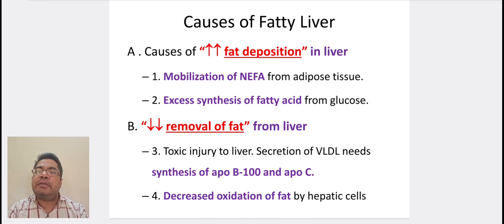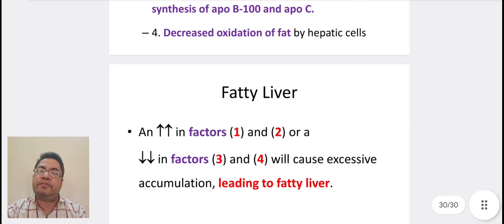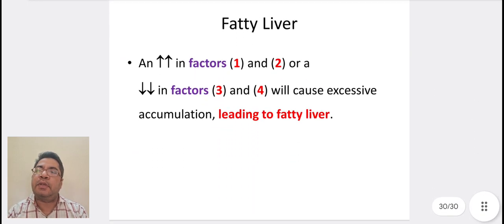On the other hand, there is decreased removal of fat from the liver due to toxic injury to the liver, that is, secretion of VLDL needs synthesis of ApoB100 and ApoC, and decreased oxidation of fat by hepatic cells. An increase in factors 1 and 2 or a decrease in factors 3 and 4 will lead to excessive accumulation, causing fatty liver.